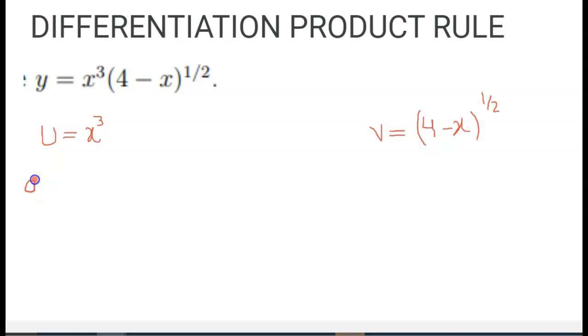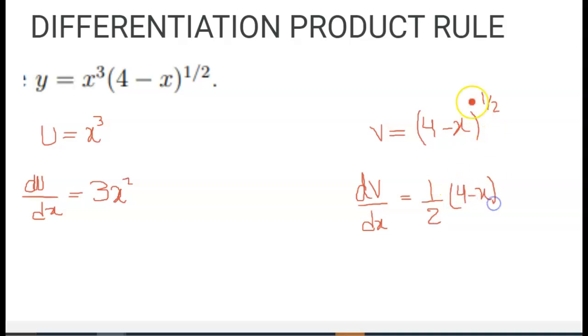When I differentiate this one, du over dx becomes 3x squared. Obviously, you need to write the full step, differentiate with respect to x, and so on. When you differentiate dv over dx, the half comes out, reduce the power by 1, so half minus 1.